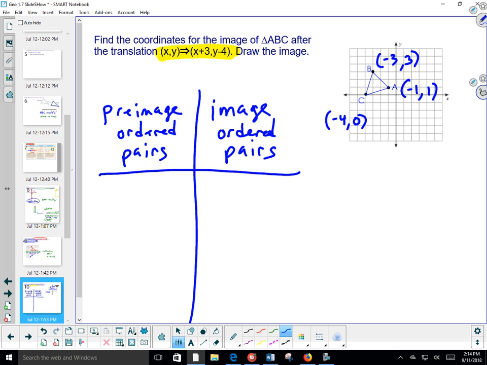I'm going to start with my first pre-image ordered pair, which was A, negative 1, comma 1.